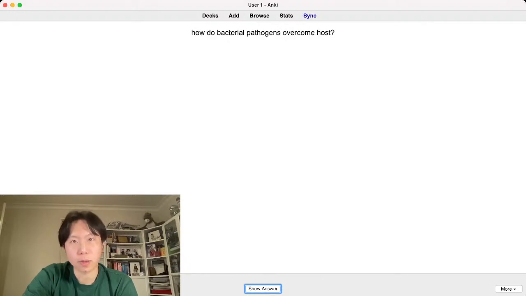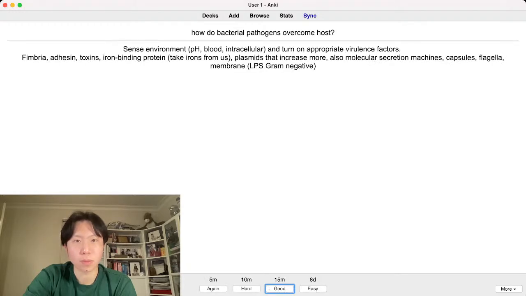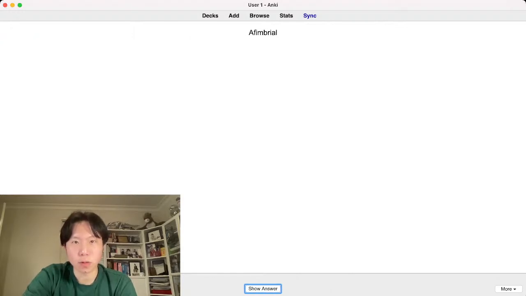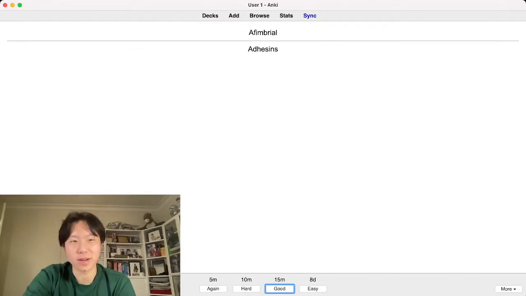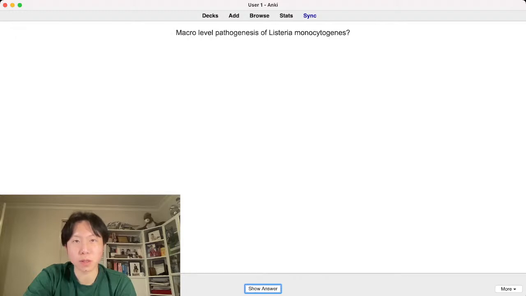How do bacterial pathogens overcome the host? Okay, this is a broad question, doesn't really matter. Afimbrial just doesn't have fimbriae. Oh, okay, never mind. Adhesions. Hard.